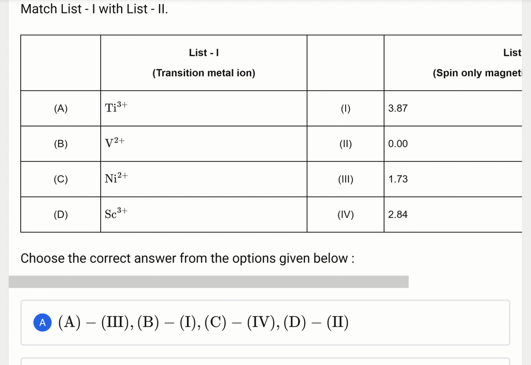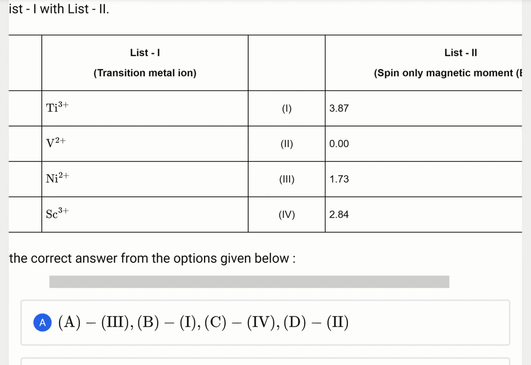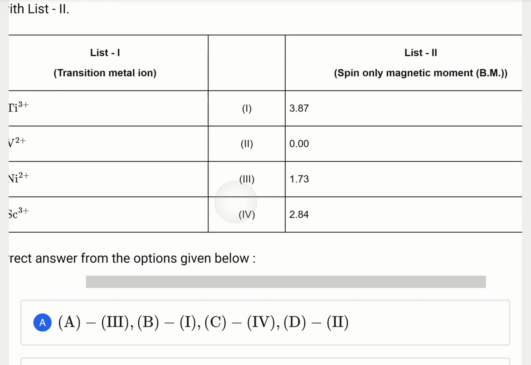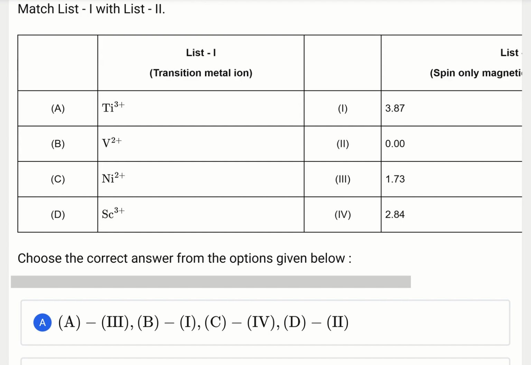Next question, match list A with list B. Okay, transition metals are given. This spin-only magnetic moment is given. If anyone remembers, scandium has 0. Why? Sc3+ is argon; 4s2 3d1, after removing 3 electrons, all electrons are gone.